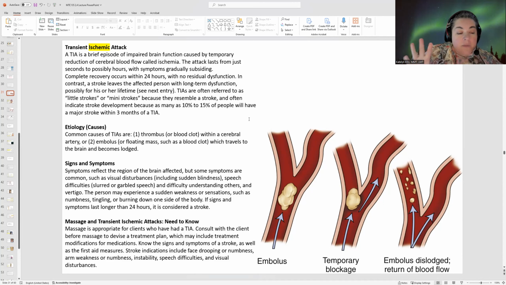All right. Massage is appropriate for people who have had a TIA because usually you are massaging them after the attack has passed because they fully recover within 24 hours.